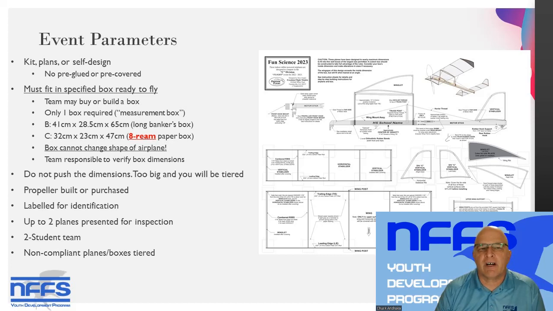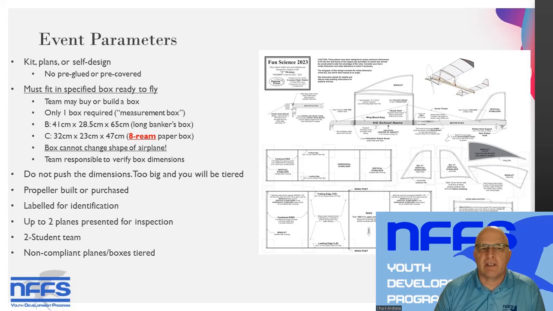So 28.5 centimeters remains the same. There's not much of a difference. You could use last year's box and still fly quite well. It's up to the team to make sure their box, even if it's a purchased long banker's box, fits the rules dimension. This is the outside dimensions of the box, not the inside.